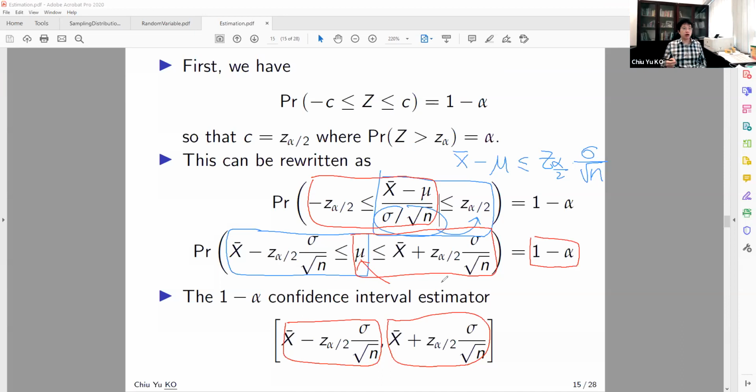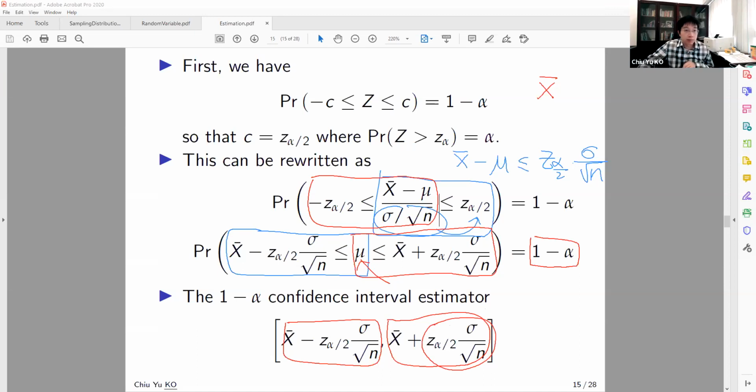The probability lies in the fact that X bar is a random variable, which depends on what sample you draw. If you have this procedure, you have 1 minus alpha probability that X bar plus or minus this particular quantity will include the mu. Of course, we want alpha, the smaller the better.